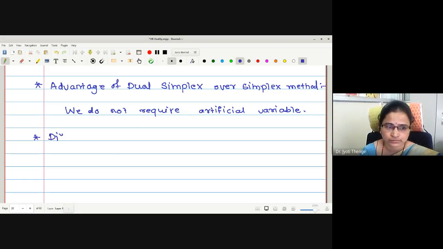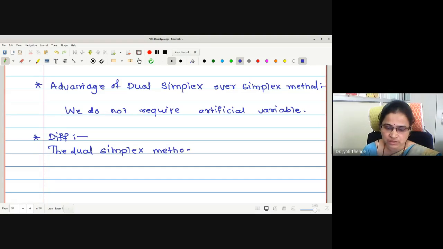Difference in both the methods? We have already discussed actually. This method is similar to simplex, the only change is that we start with optimality and go towards feasibility. In simplex we have done exactly the reverse.